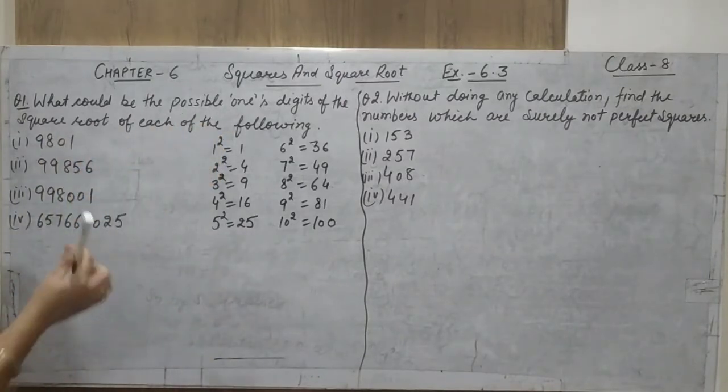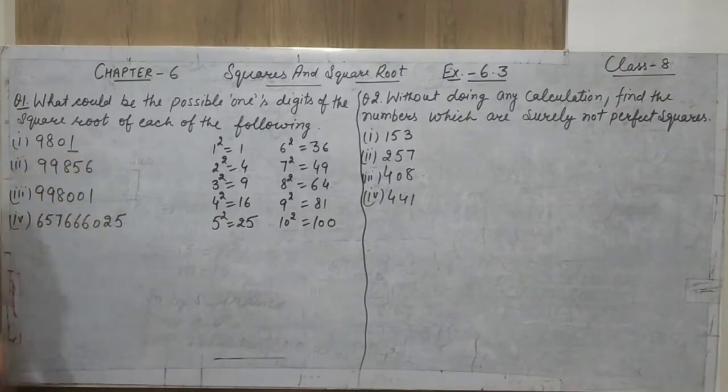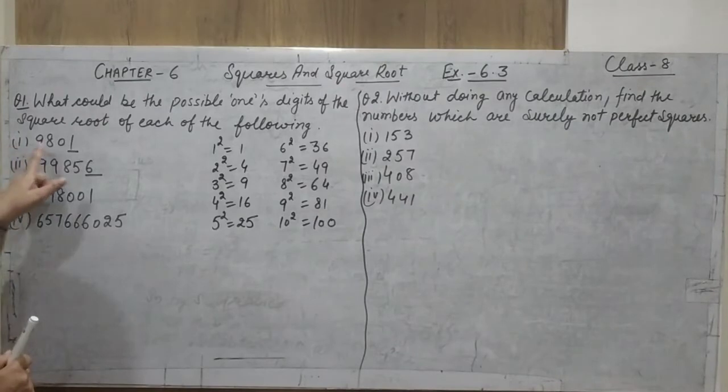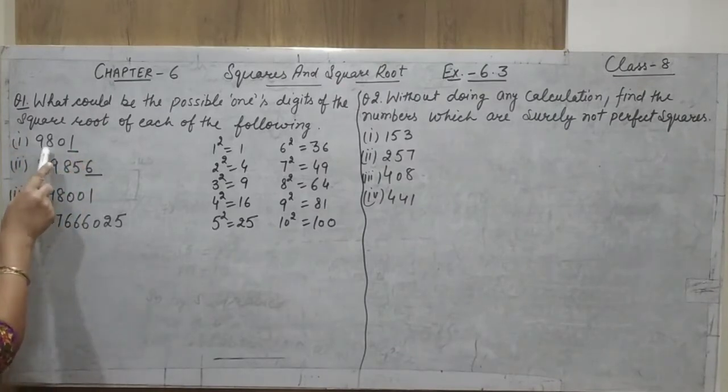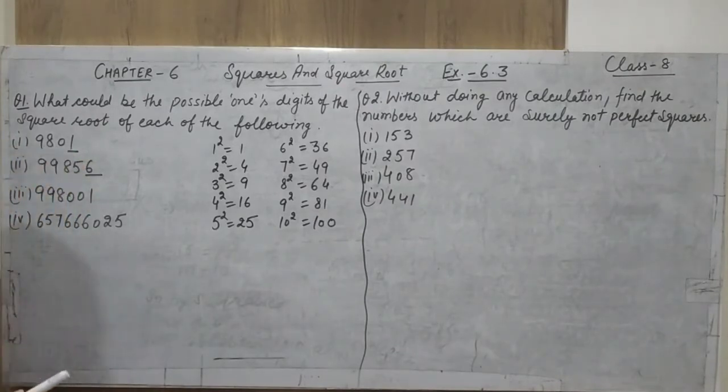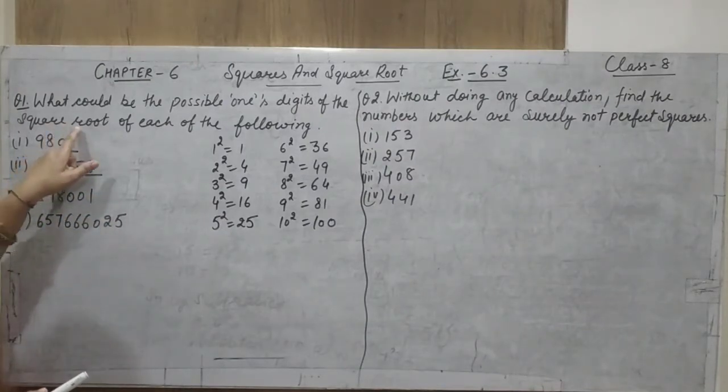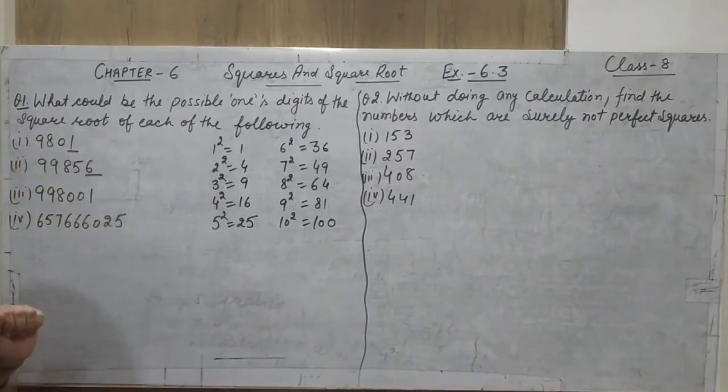Ones digit means this is at the ones place. Alright, so ones or the unit place you can say. What could be the possible ones digit? This is a number and these 9, 8, 0, 1 are the digits of the given number, of the square root of each of the following.